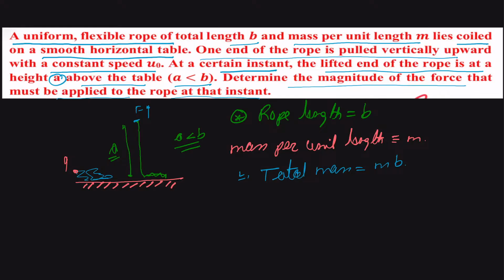So this is basically a variable mass system. And in this variable mass system, we have to keep in mind that the rope is moving continuously, or we can say lifted, and therefore our force relationship we are going to use with respect to momentum, not with respect to the acceleration.